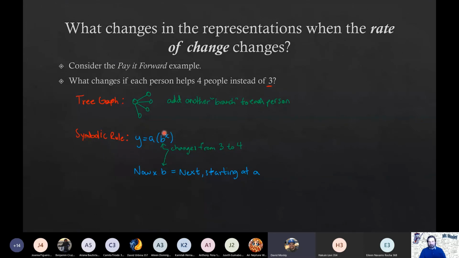Just like in a linear rule, the rate of change is attached to that x variable. In this case as well, the rate of change is attached to that x exponent. All right, A, while it's still being multiplied, is the start value. It does not have the exponent. Okay. Any questions about this? Anything I can clarify?